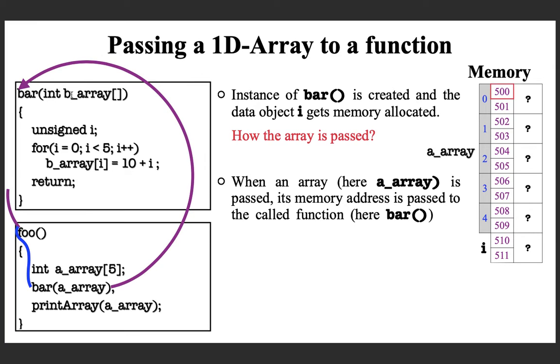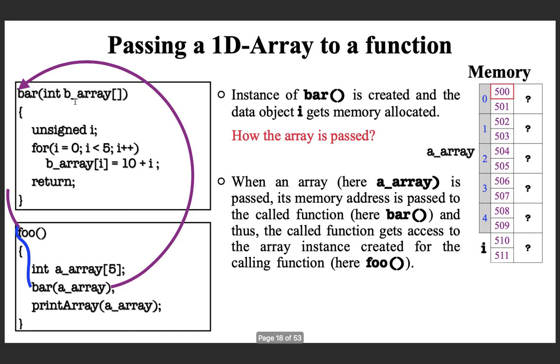So that is what is passed, and thus the called function, that is bar, gets access to the array instance created for the calling function. That means the address 500 is passed on to the called function.